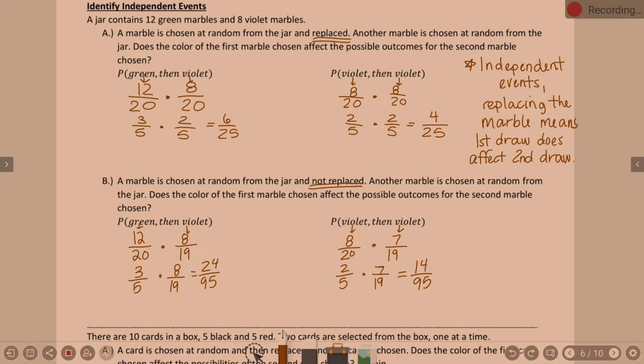In this case, we already answered this. I'm just going to write it down. Does the color of the first marble chosen affect the possible outcomes for the second marble? And that is definitely yes. These are not independent. You could also say that they are dependent.